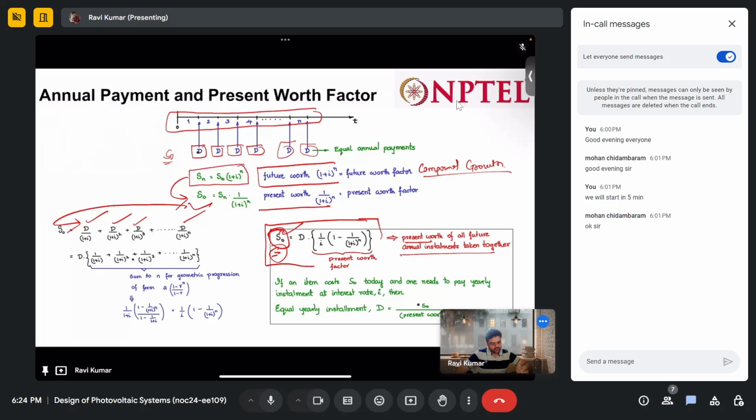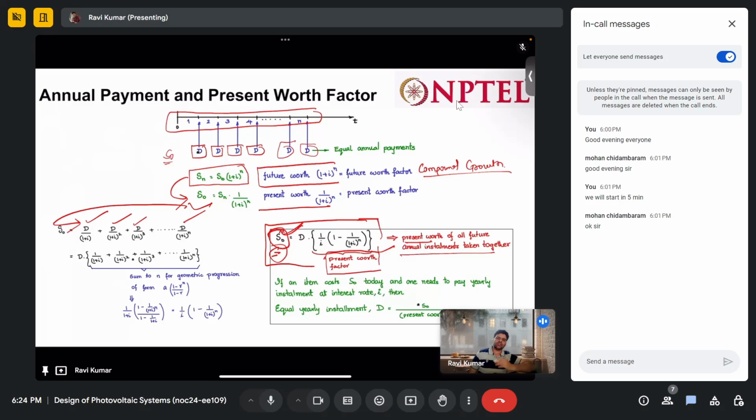Because we are doing this using this formula, this particular factor is known as the present worth factor, and this will be used in questions to calculate many things. Let's say you have maintenance in your solar system, you are doing maintenance after every year.